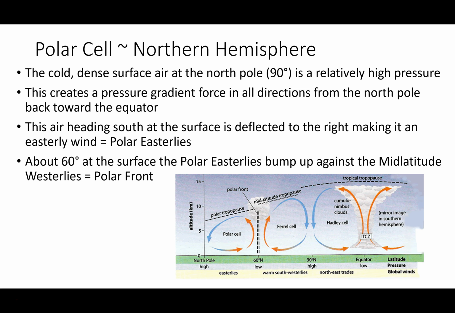Oh, the word is front. I think the video talked about this a little bit. If we focus on these two cells, the polar cell and the Ferrell cell, we end up with these converging surface airs, and this one's cold, and this one's relatively warm.